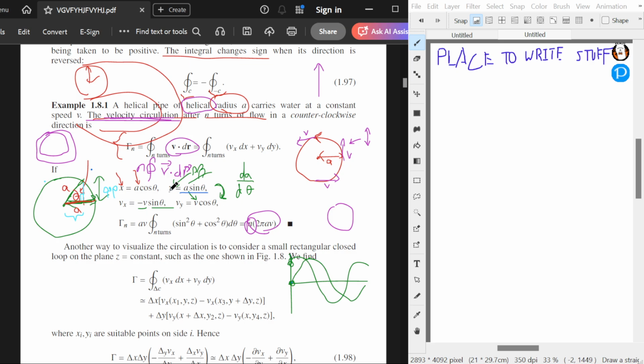That makes sense. So y is 0, that just means it's on this section right now. Cos theta is 1, a cos theta, so x equals a. So x equals a, y equals 0. So that means we're dealing with this point here, which makes sense because theta would be 0 at that point.